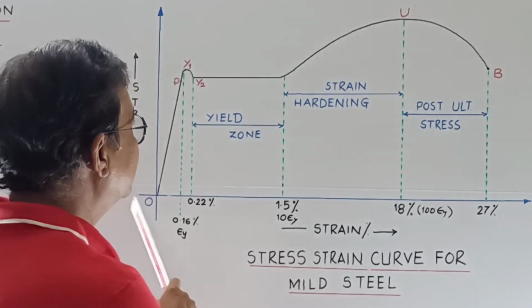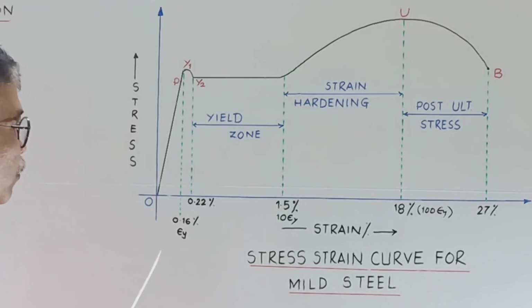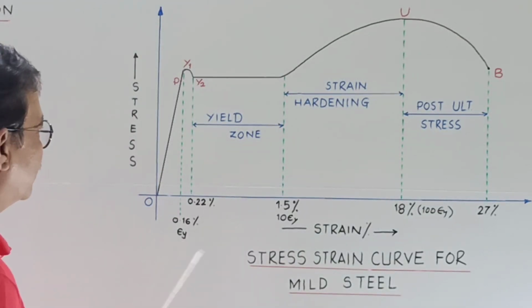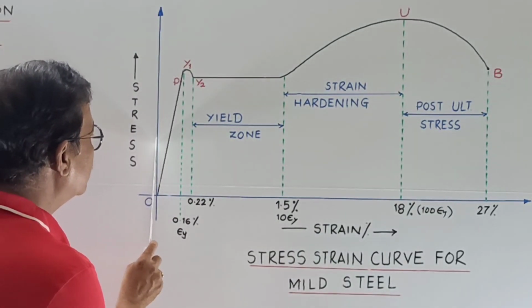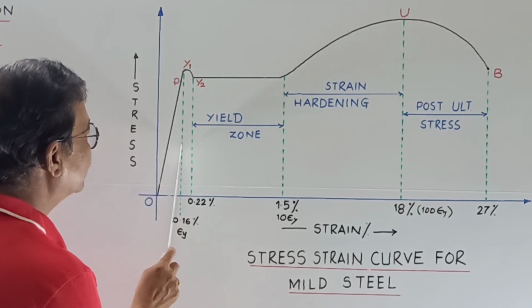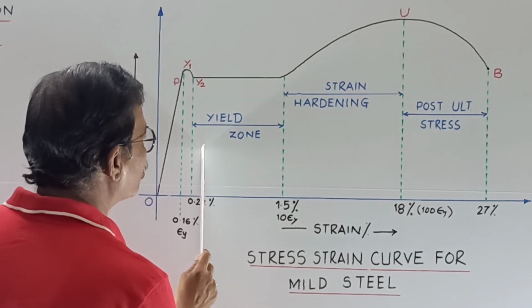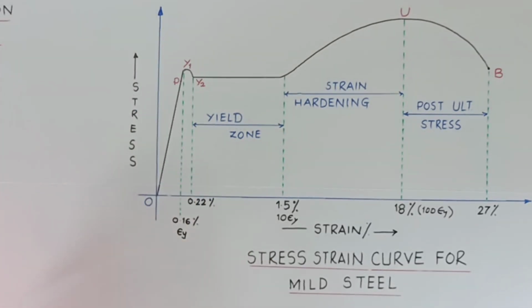So this is the typical stress strain curve for mild steel. See, look here, from here to here it is a straight line. So this is the elastic zone, this is the yield zone, or it is also known as plastic zone.